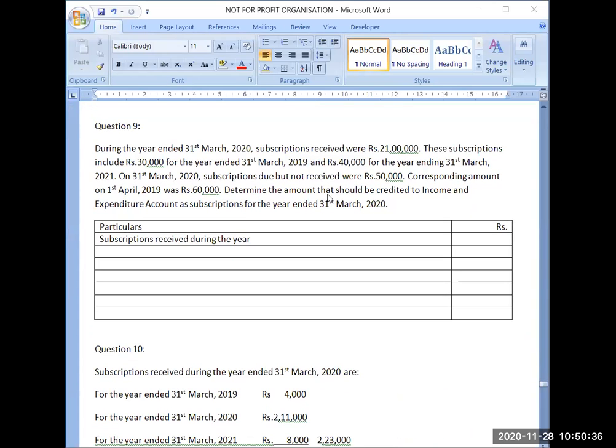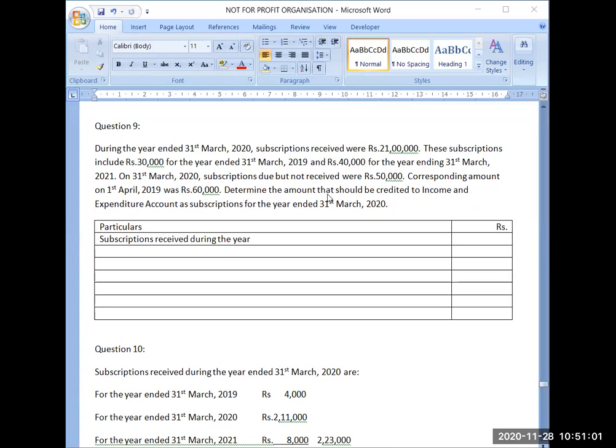Now see this question. It is saying during the year ended 31st March 2020, subscriptions received were rupees 21 lakh. These subscriptions include rupees 30,000 for the year ended 31st March 19 and rupees 40,000 for the year ending 31st March 2021.